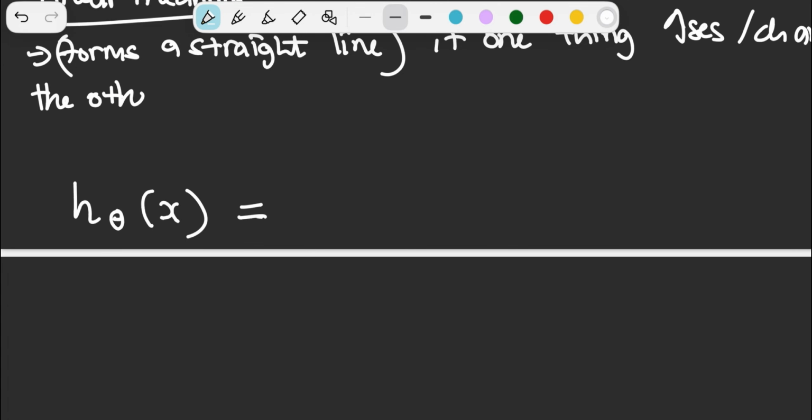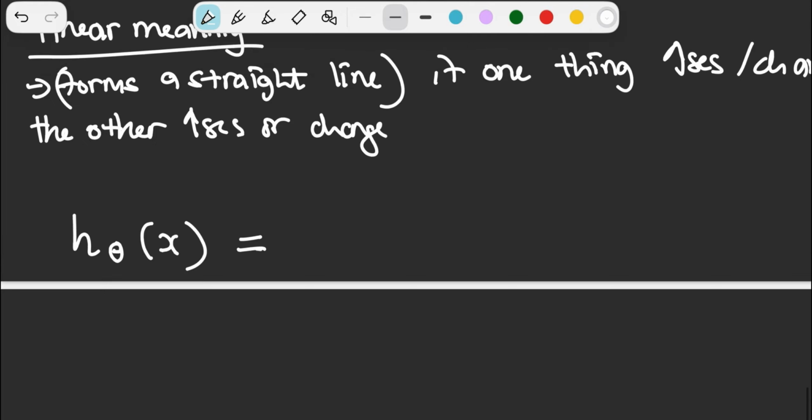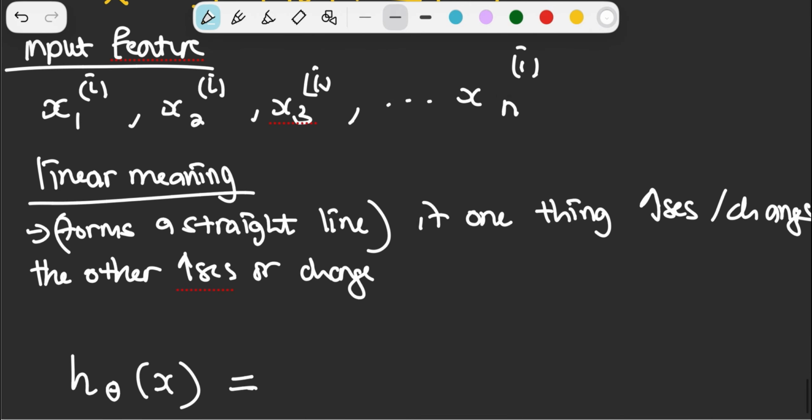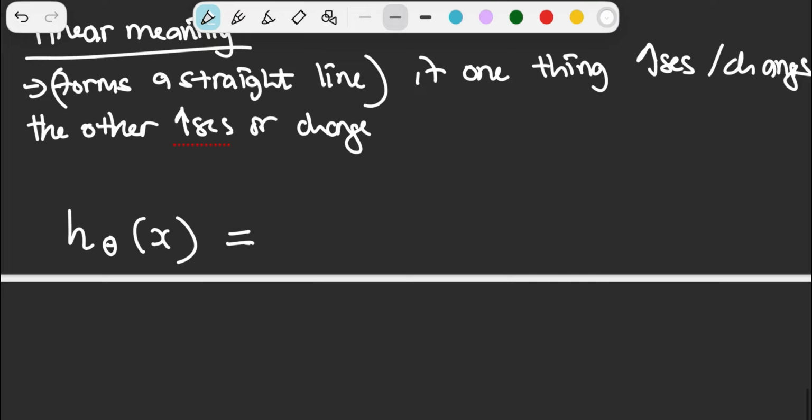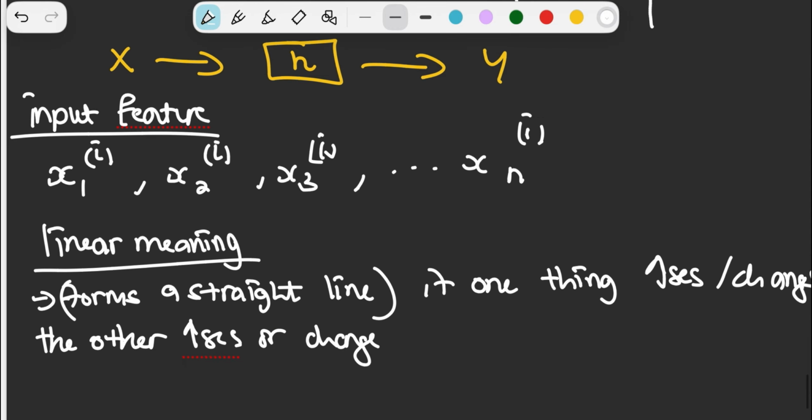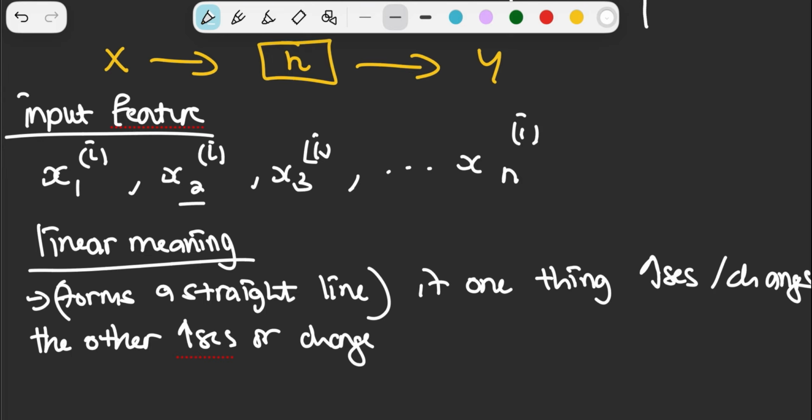So in this context, if you have x1, x2, x3, xn, it implies that if x1 was to change, the outcome that you get out, h of x, should also change. If x2 was to change or increase, the outcome that you get should also change.